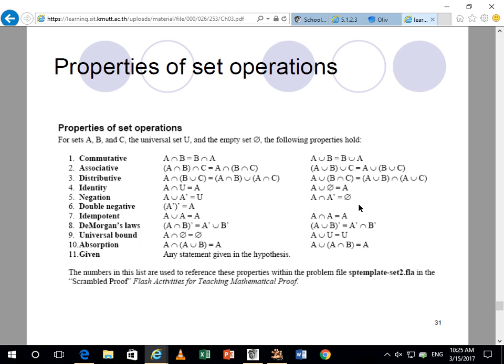So what's next? Something union identity, right? Identity.